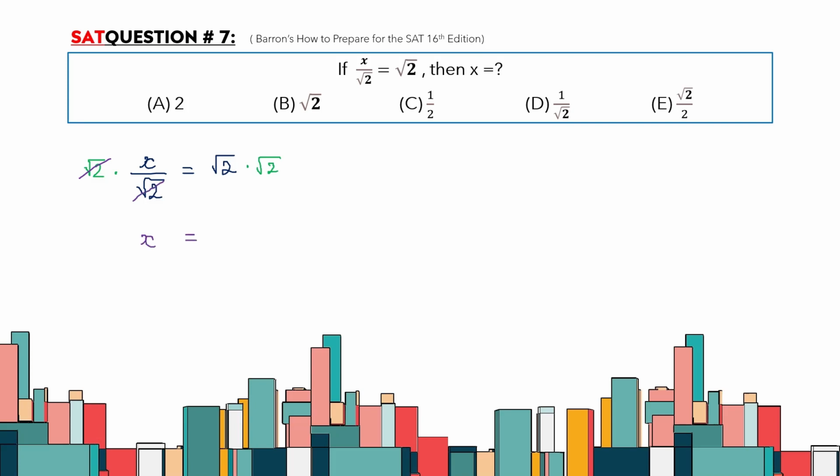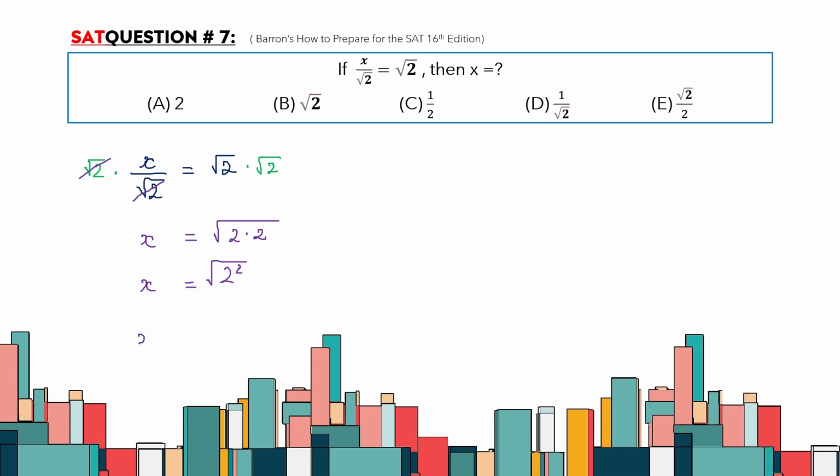x equals square root of 2 times square root of 2, which is square root of 2 times 2, or we can rewrite as square root of 2 squared. And the square and the square root cancel.